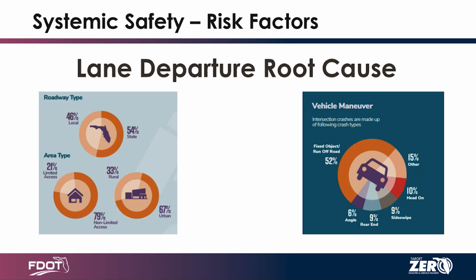I imagine that's mostly same direction, but you're doing lane changes, and 6% angle. By and large, though, the significant amount of them are going off the road. You add the 10% head on, 62% of the crashes are really leaving your lane and running into something else.